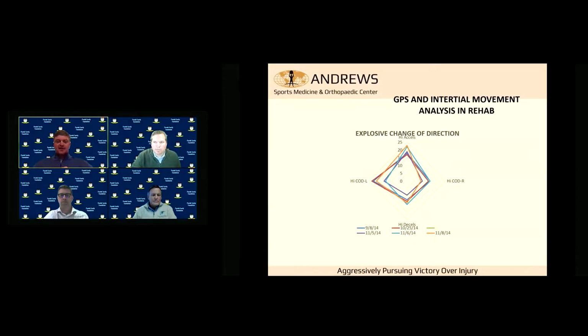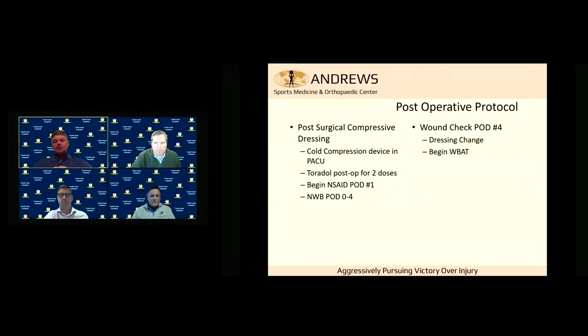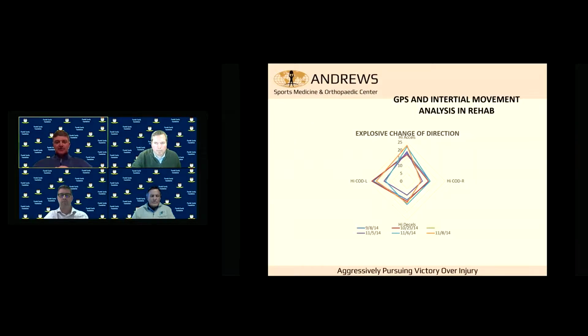You can see here initially he struggles to do so, but as he gets close, at his game day where he returned, he was back to his preoperative levels. That gives us a good feeling as he's getting into practice and getting closer to return that we have a player that can approach 90+% of what he was preoperatively. And in most cases that allows us to feel that he is safe to return.